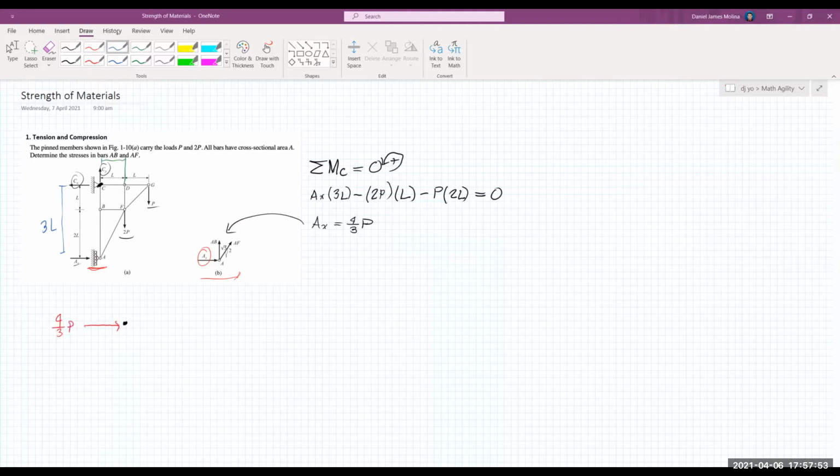And then we're going to have the force at bar AB. And then for bar AF, since we have here a force 4/3 P going to the right, then the force AF must have an inclination going to the left so that we will achieve equilibrium.